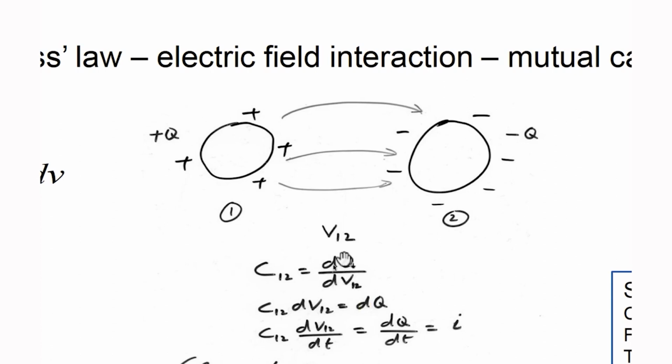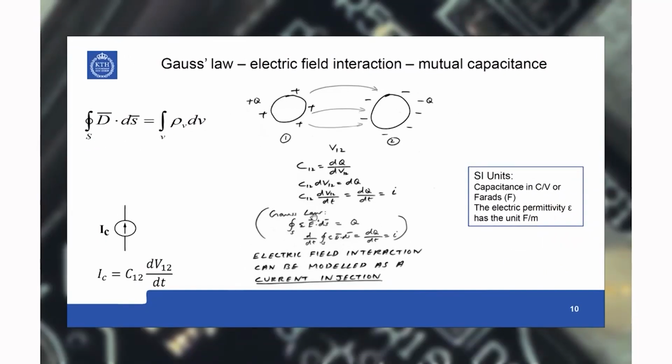Since it is a total differential, you can do this algebraic manipulation. Then you take the time derivative on both sides. Then you will see that dq by dt is nothing but the current I. So it is like a current injection. Already you can see that. Now tie it up with Gauss' law. What Gauss' law states is the closed surface integral.